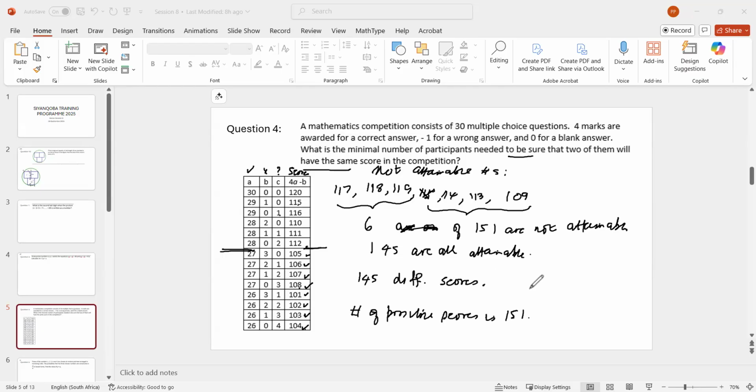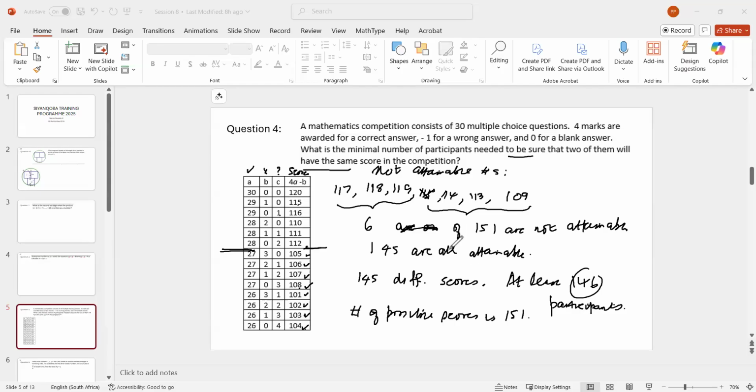And if you want 2 of them to have the same score, then we must have at least 146 participants. See, 152 will work, but that's not the minimum. The minimum is 146.